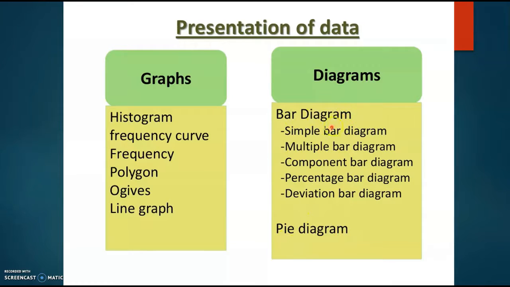Bar diagram includes simple bar diagram, multiple bar diagram, component bar diagram, percentage bar diagram, and deviation bar diagram. Then graphs: histogram, frequency curve, frequency polygon, ogives, and line graph. So these are the different kinds of graphs and diagrams.